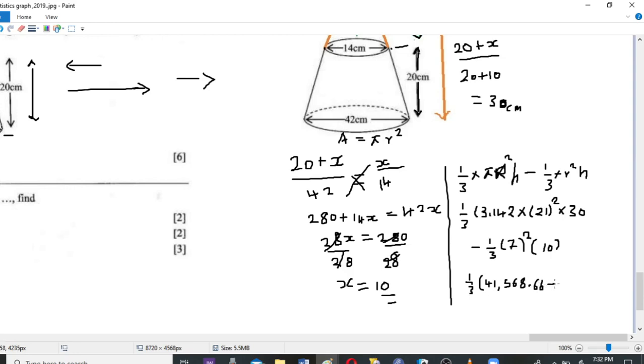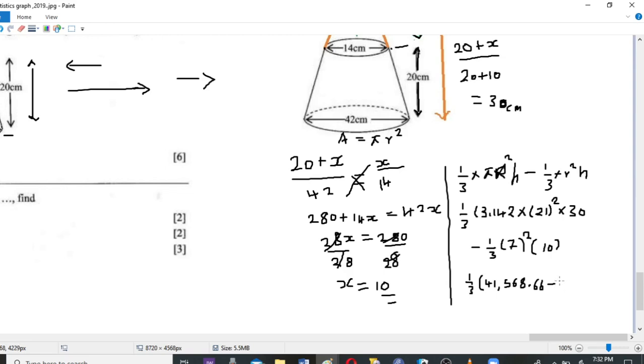Now we are subtracting the smaller one. So we know that if we have 7 squared, that will give us 49, isn't it? So you're going to have 49 multiplied by 10 there. You know what that will give you? That's 490, right? Now multiply by 3.142. What are you going to get?